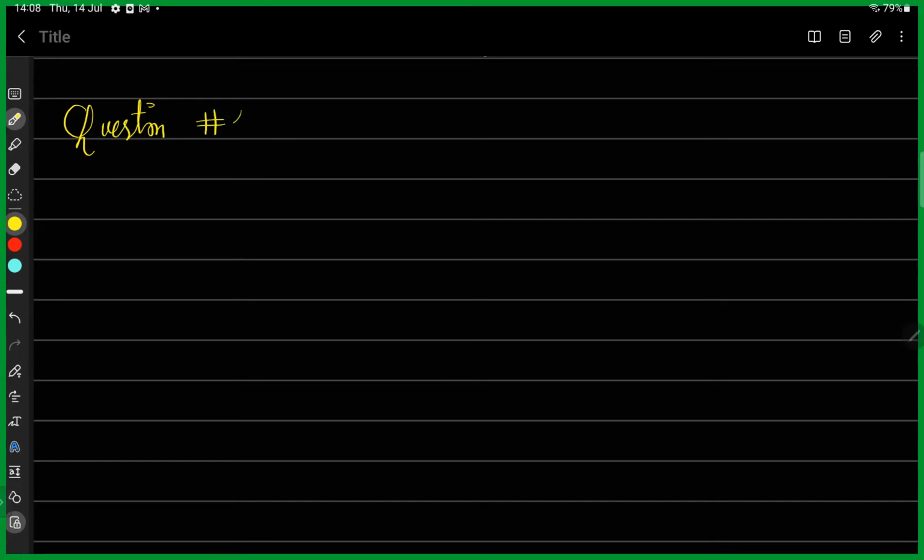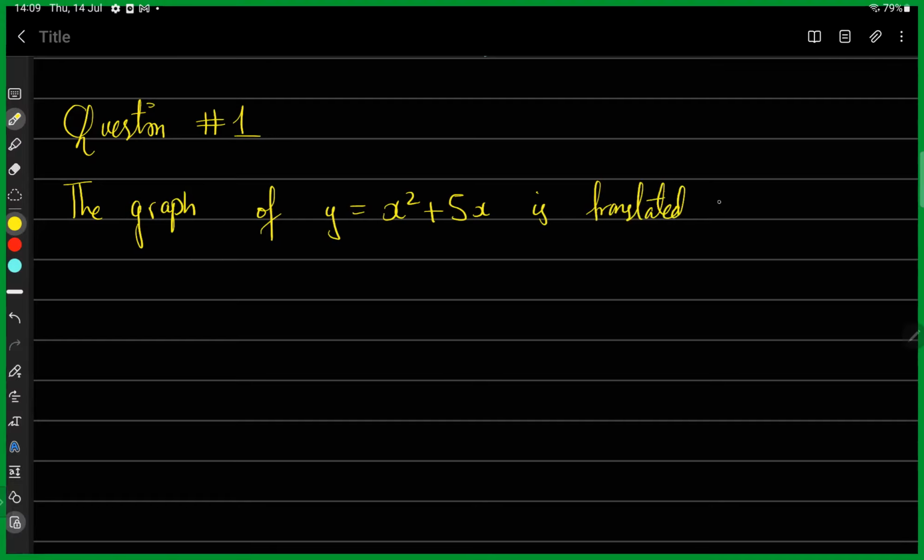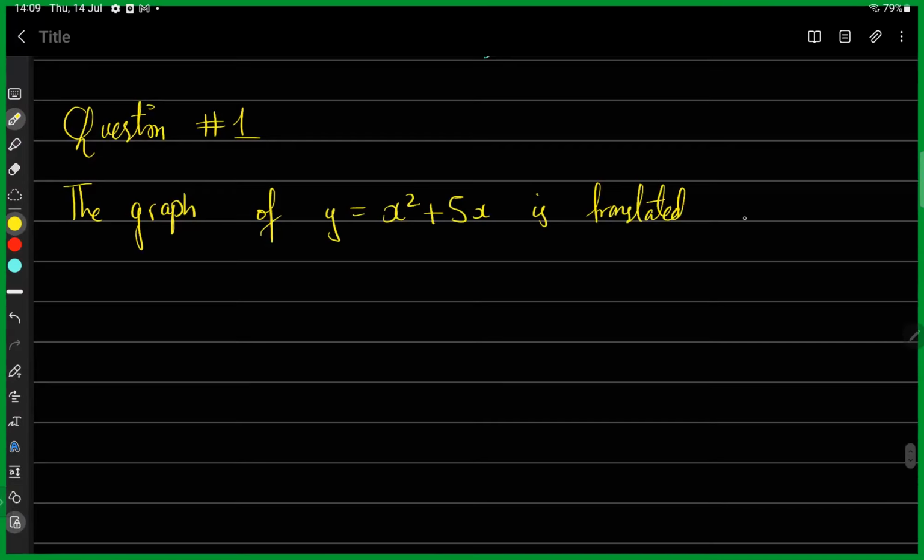Question number 1. Question number 1 says, the graph of y equals x squared plus 5x is translated 2 units to the right.